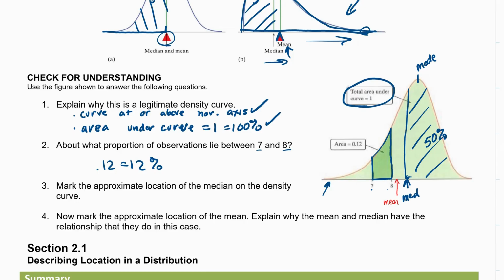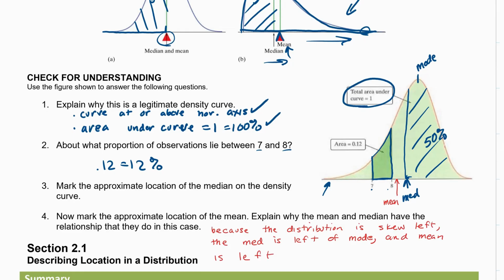And again, the idea being because the distribution is skew, in this case left, the median is left of the high spot, which we call the mode, and the mean is left of the median.